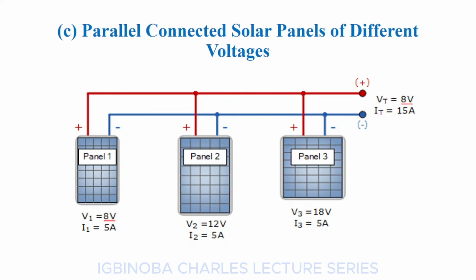But in this case, we cannot take the panel with the highest voltage. The output voltage of this particular system will be limited to the value of the lowest panel, that is the voltage of the lower panel in the parallel connection, which is 8 volts, due to this voltage mismatch.